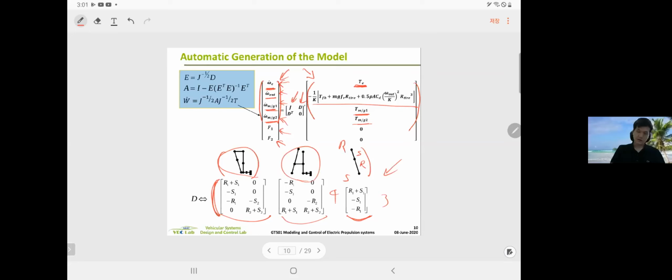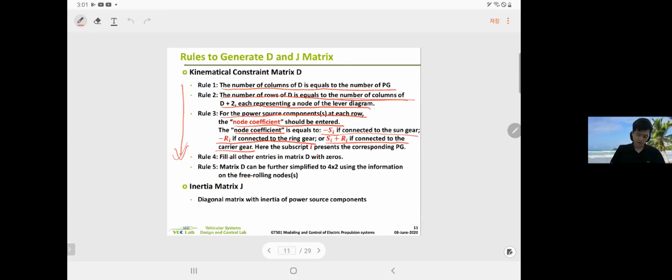I think this is not a good example because there are no components, so it's hard to understand. So let me finish this and I'll show you an example, okay?